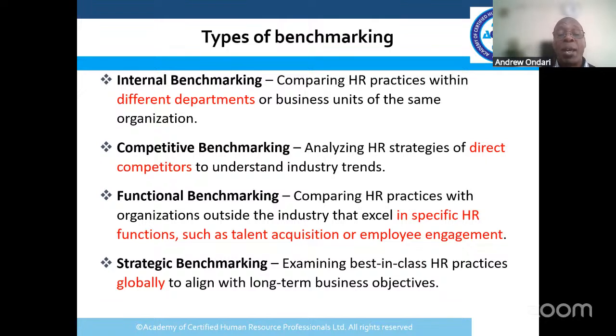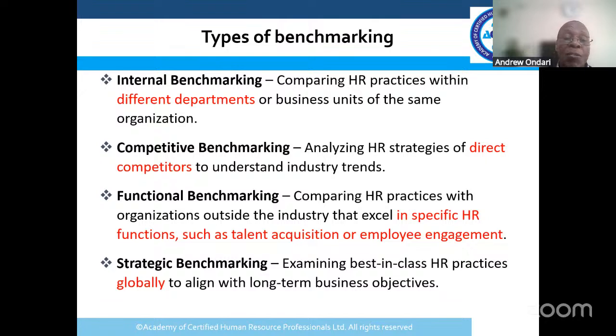So when you compare yourself with others in terms of performance management, you may borrow those best practices. For example, 360-degree appraisal, so that we get feedback from multiple sources, which could be more objective than depending on only one method like self-appraisal, which is common in many organizations.